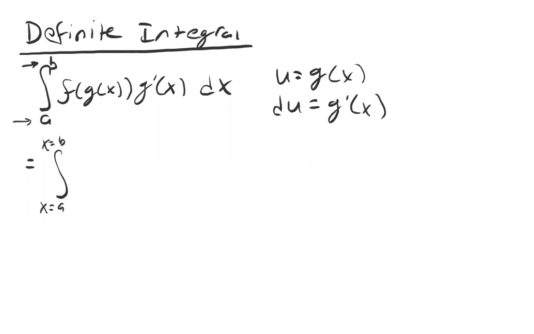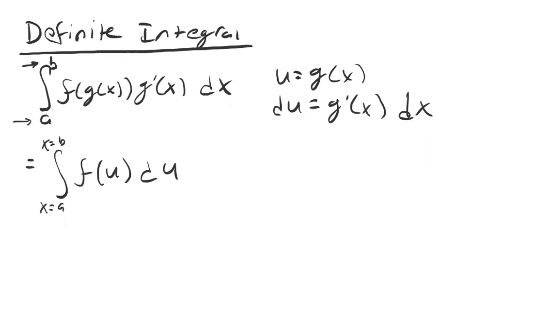So when I do the u substitution, sorry, I'm missing a dx here on the right-hand side. So what I'm going to get is f of u, g prime of x dx is du. So this is now my integral. And I can integrate this, but when I do that, I have to remember that these bounds are for x. So there's one of two things I can do.